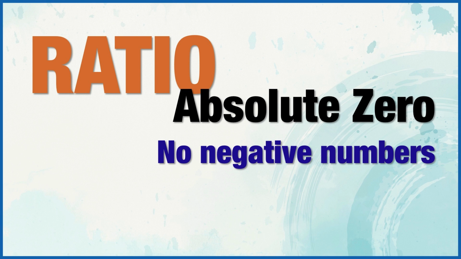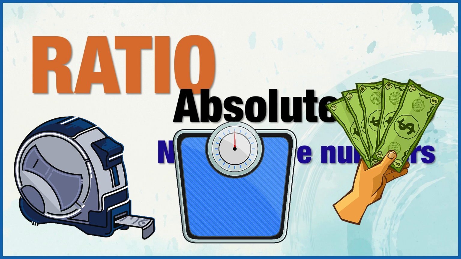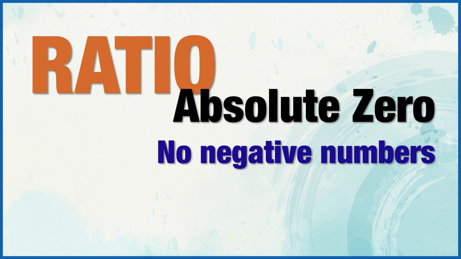But if the scale data have a meaningful 0 point, which cannot include values less than 0, such as height, weight, dollars, or temperature on the Kelvin scale, they are called ratio level data.